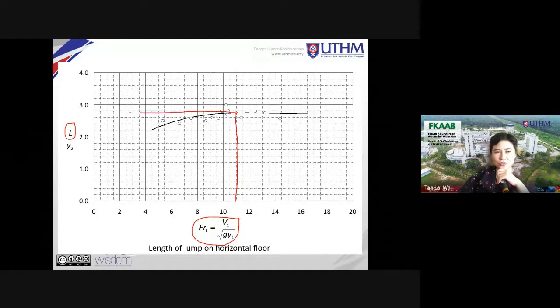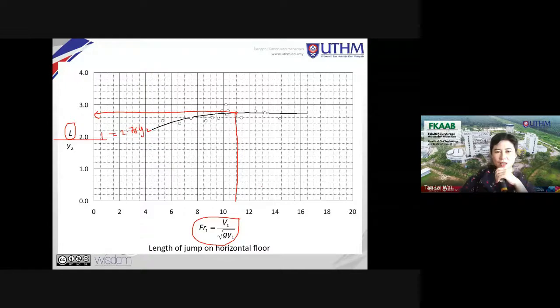Then draw a straight line. It will give you L over Y2. So your L is, assuming this is about 2.76 times Y2. That is how you get it.